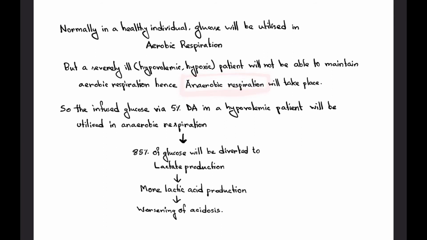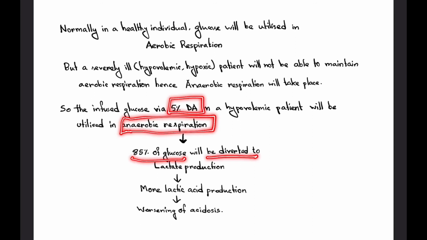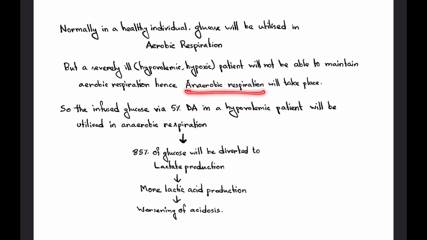Moreover, on top of that, if you infuse 5% DA into that patient, 85% of the infused glucose will be diverted to lactate production, because all this infused glucose will take part in that anaerobic respiration because of lack of oxygen in that hypovolemic patient.